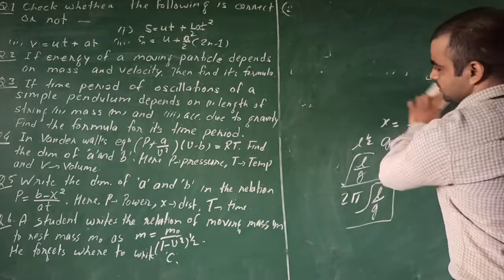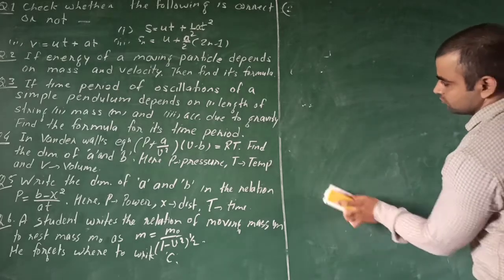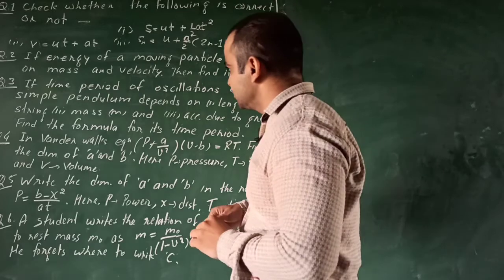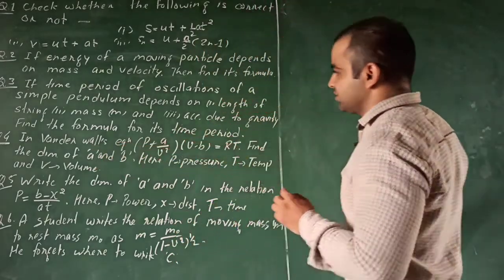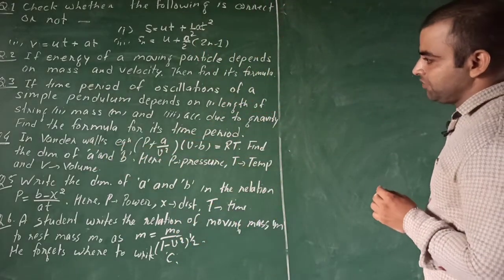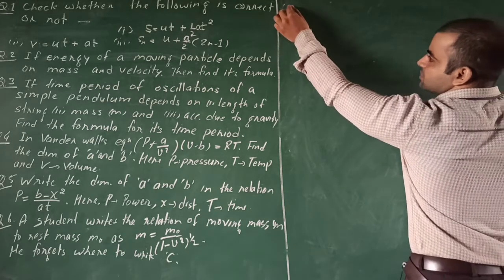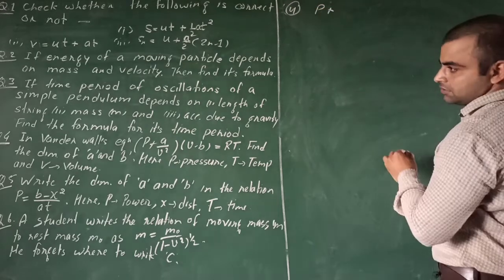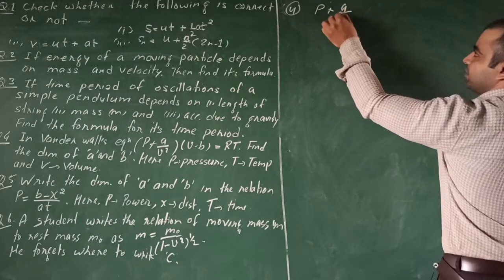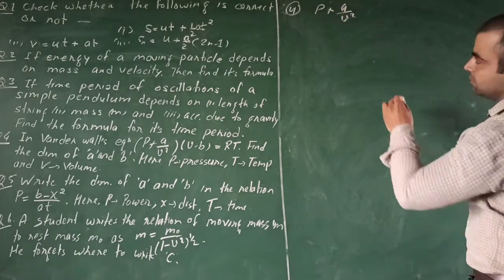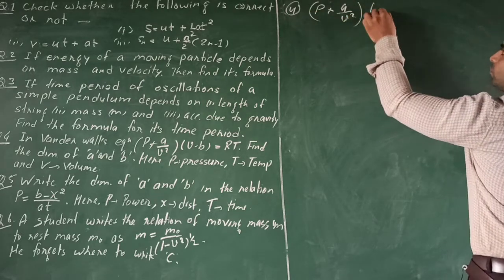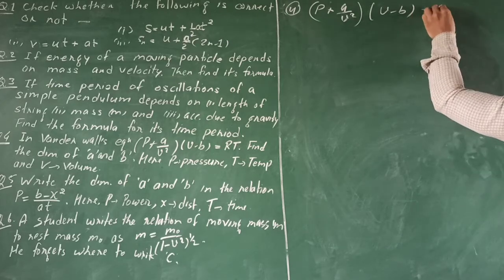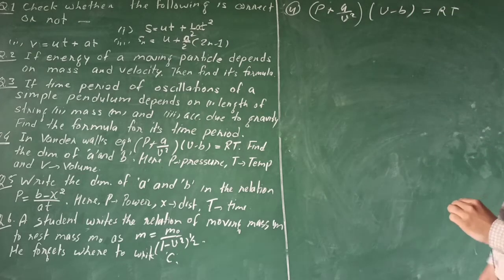Next question. Question number 4. In the van der Waals equation, (P plus A by V square) into (V minus B) equals RT is given.